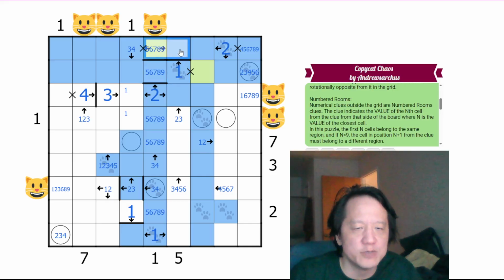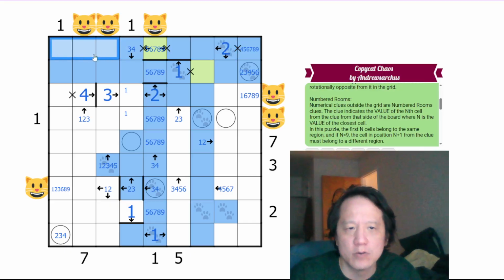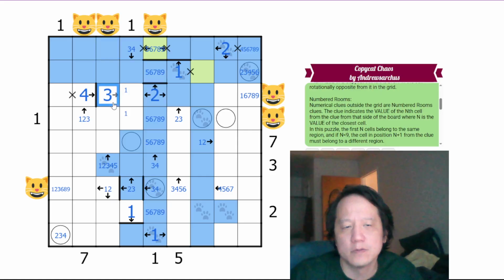So these two must be part of the same region. Otherwise, because this can't extend, it cannot orthogonally connect out to another region. So that's not a region border. So we have a region border here or here. And then we have one more going here. Interesting.